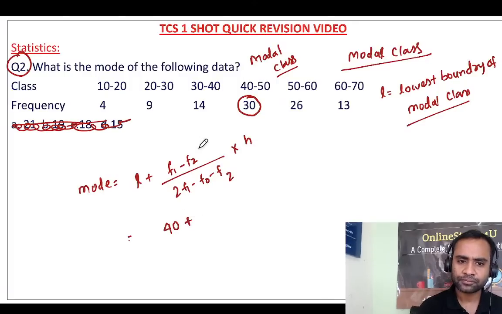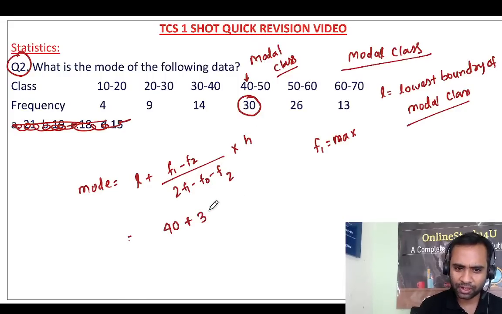So the lower bound is 40. Then f1 is your maximum frequency, 30, minus f0, the previous one, 14, and f2 is the next one, which will be 26, divided by 2 f1.